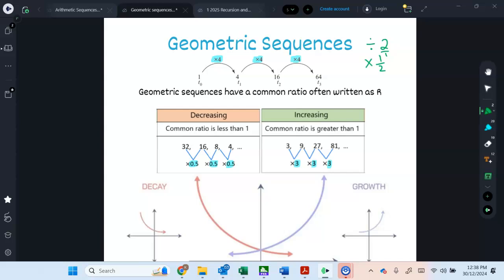So if we just had a quick example, in case you don't believe me. 10 divided by 2, we know is 5. 10 times 1/2. Remember, we can say that's 10 over 1. So 10 times 1 over 1 times 2. So we still get 5. So for geometric sequences, it's always multiplying.